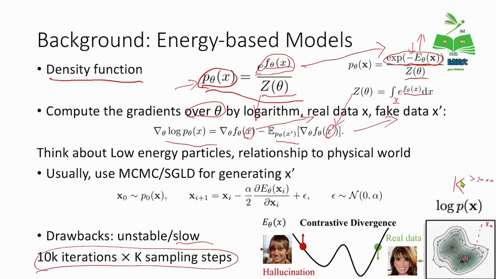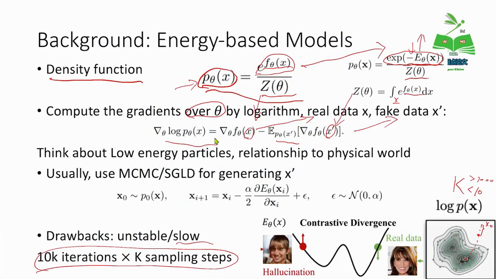But if K is much smaller, maybe it can only go several steps here, then it cannot generate good fake data to estimate this gradient.